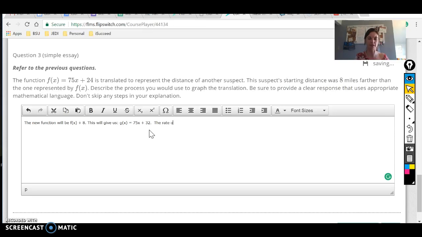The rate of change is still 75 miles per hour, but the new starting distance is 32 miles. And that's it. That's all we need to say.